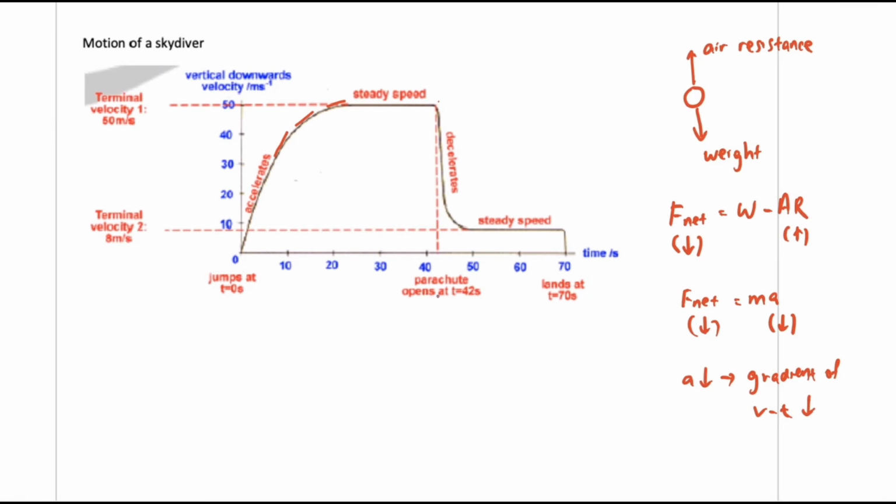So after a while, now this is the point where the parachute is open. At that point, the parachute has a large surface area, which increases the air resistance. Okay, so because of that, it slows down, decelerates.